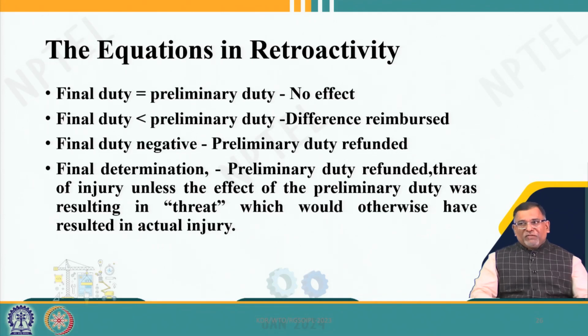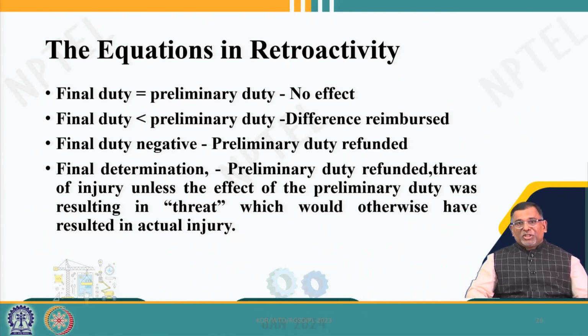So, if the final duty is equal to the preliminary duty, then you can say that it will continue. But if the final duty is less than the preliminary duty, the difference in the amount should be reimbursed to the respondents. And if the final duty is negative, the preliminary duty is to be refunded.